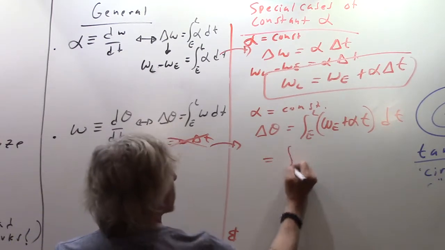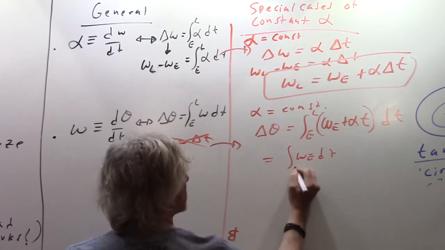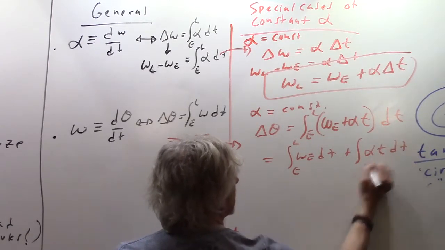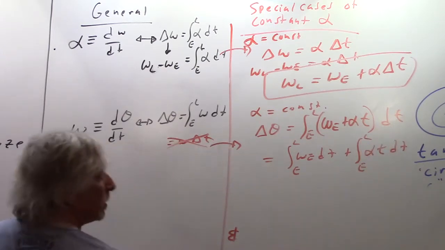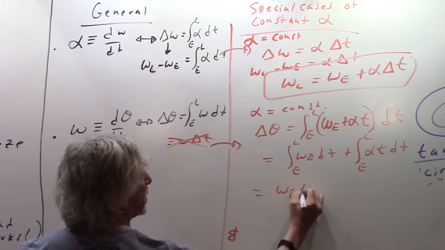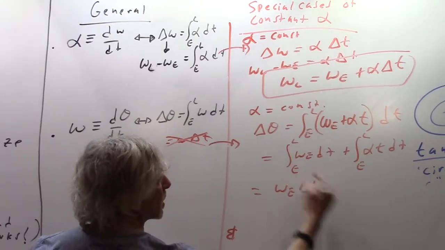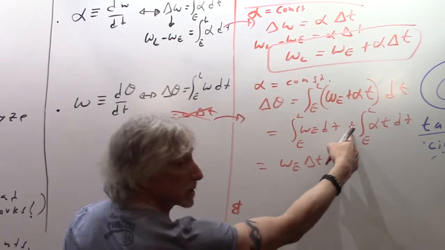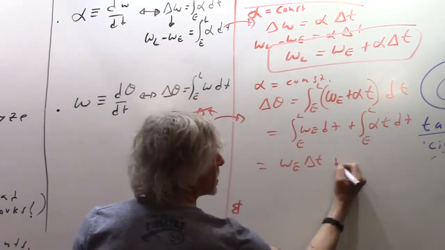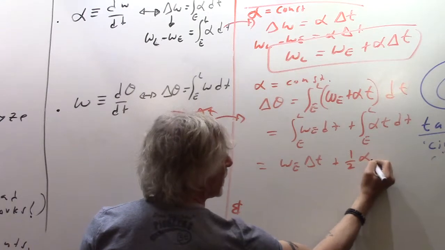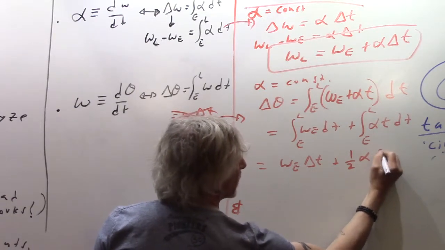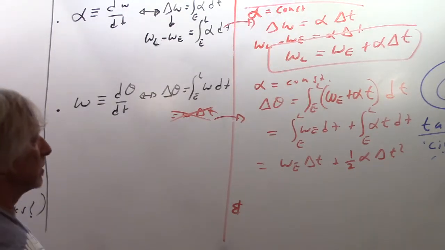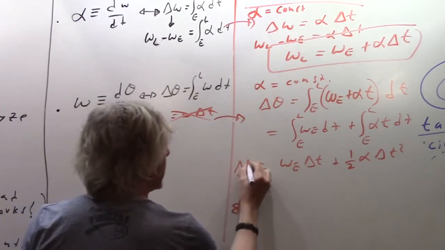So if you want, you can split the integral or not split the integral, whatever, and that's omega earlier delta t, which I can pull out, plus, well, alpha's constant, and the integral of t dt is one half t squared, so one half alpha delta t squared. There's a little shift in notation that I'm not going to bother to pin down. And then I have that equation.